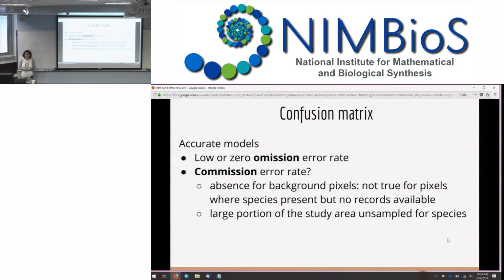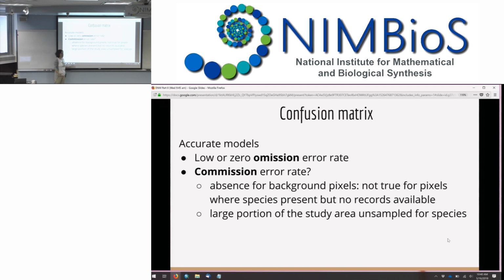Now with commission, as I said, we are somewhere in a bind there because we are using background pixels for absence data, but we know that some of those background pixels will be present, but we just don't have records of presence. Nobody has sampled those particular locations, or the species has not been detected.